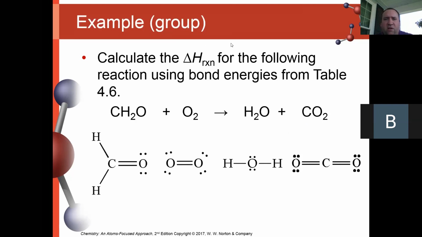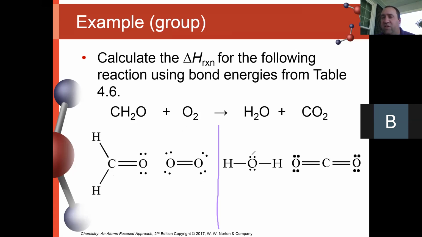Okay, so what I want you to do, do an evaluation and split it up, figure out what bonds are here, what bonds are here, and what values you need to look up. I'll give you about 90 seconds to figure out what bonds we need to look up.